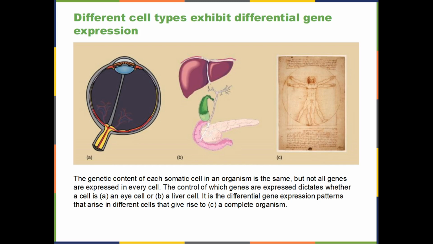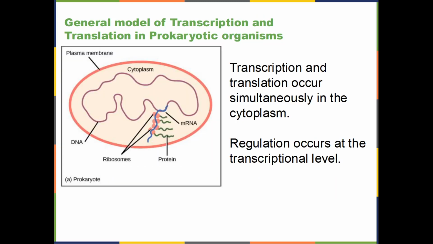And the reason why they look different, they function different, is because of gene regulation. They all have the same genes, but not all genes are turned on. And different genes are turned on. All right. This is done through genetic regulation, which we're going to be seeing in this chapter.